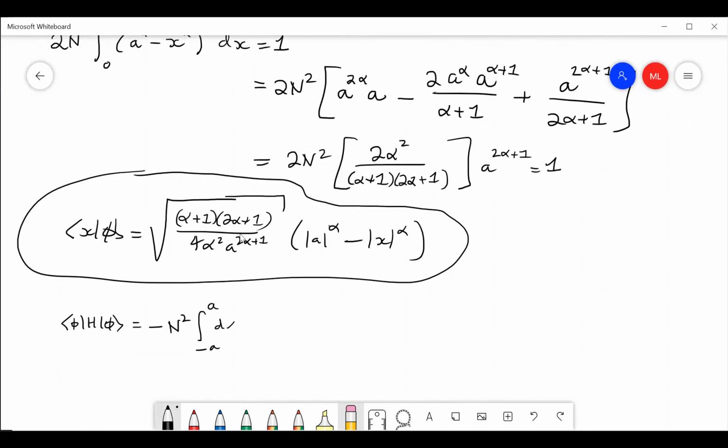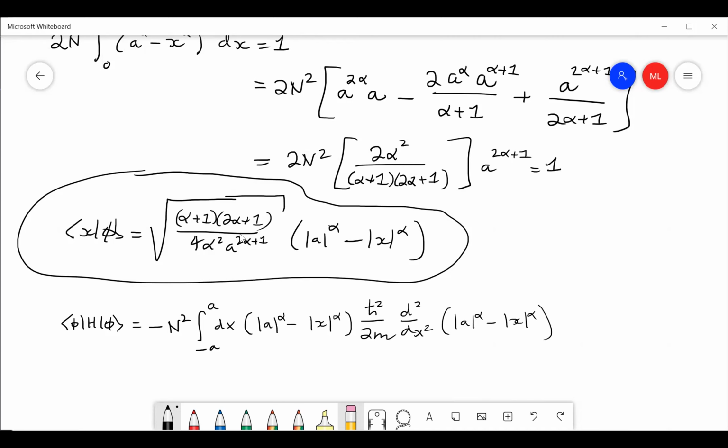And then the psi star part is, of course, the absolute value of a to the alpha minus x to the alpha. And then you have the kinetic energy, which is minus h bar squared over 2m, two derivatives with respect to x acting on the trial wave function again, which is a to the alpha minus x to the alpha.